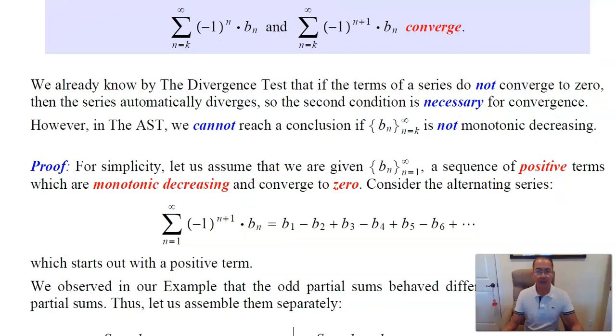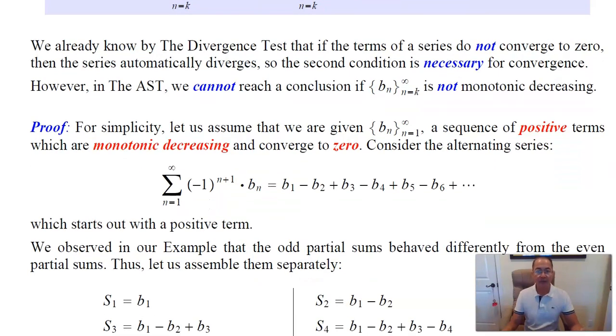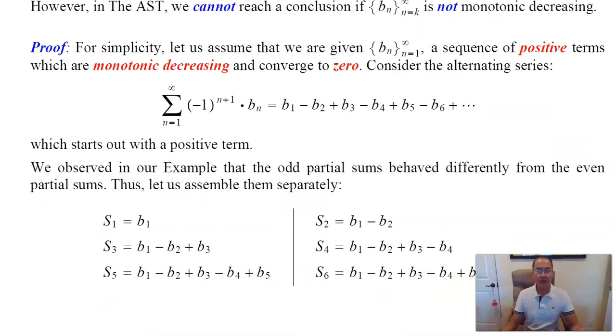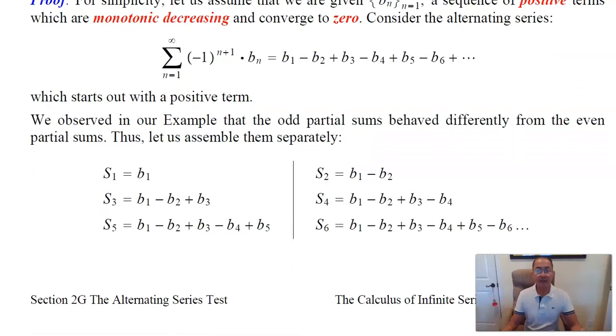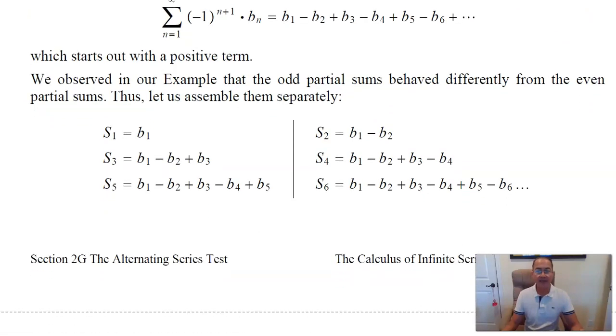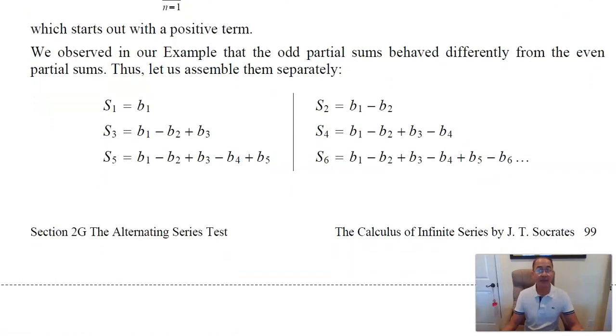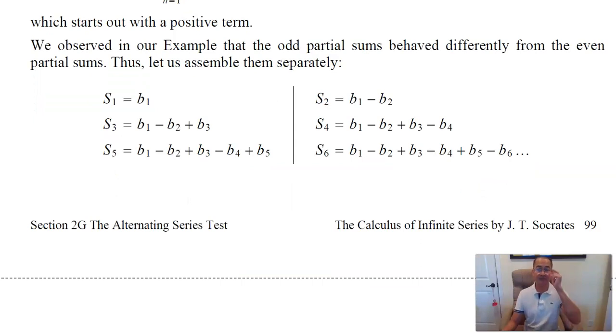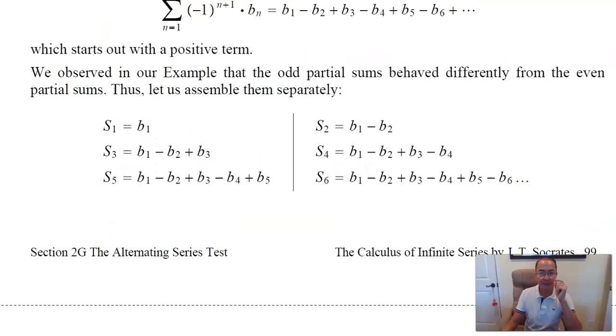So it alternates positive, negative, positive, negative. All right, so we saw the example of the alternating harmonic series earlier, and let us generalize what's happening to our partial sums.